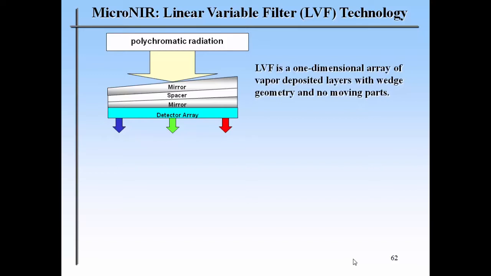So you have an assembly of different layers, and these layers have a wedge geometry. This optical part fits on the fingertip of my small finger. This is the size, so that you can imagine.